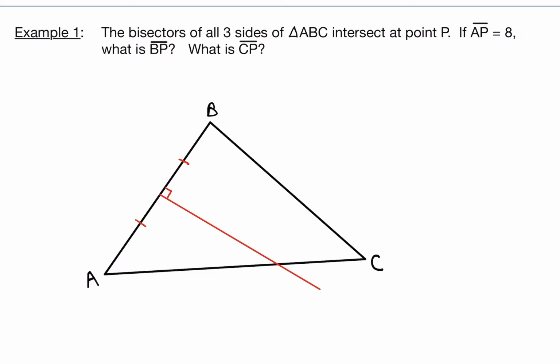And we're going to do the same thing with side BC. This is also 90 degrees, and it bisects that side. So those two segments are the same. And we'll go ahead and do the third one.